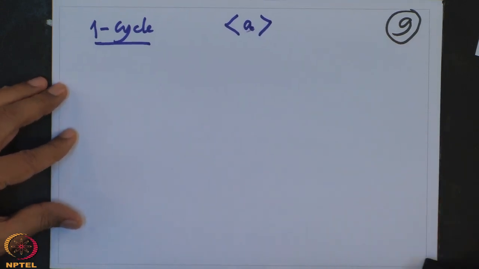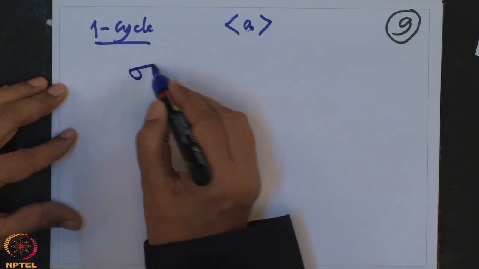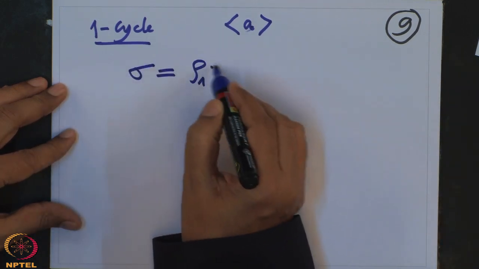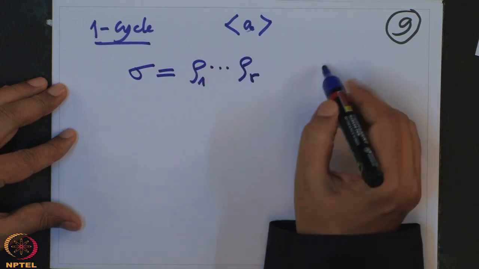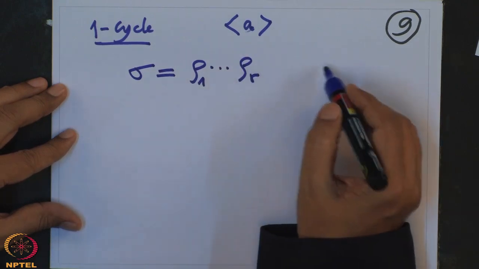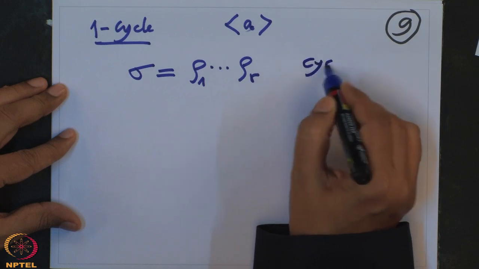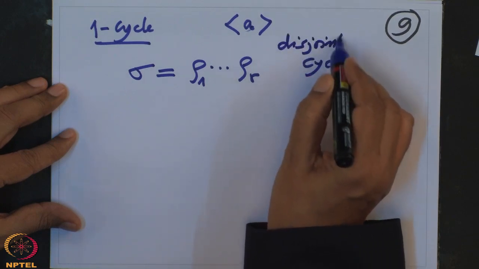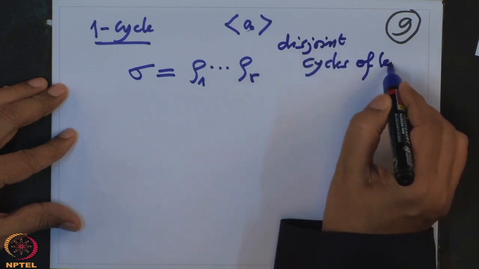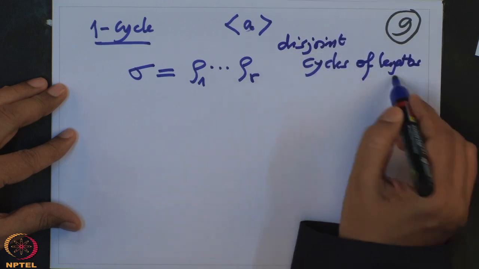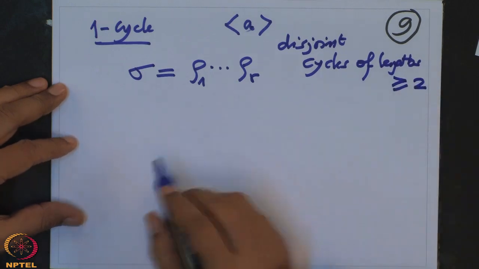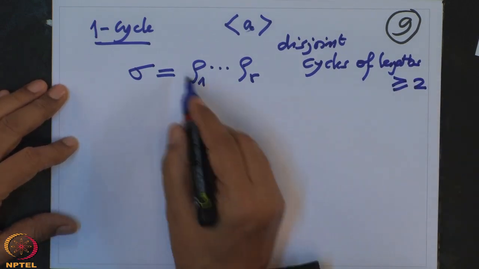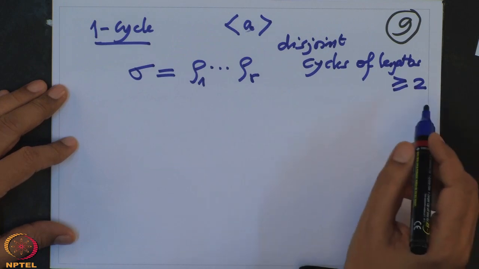So when we do this calculation, we might as well assume that sigma is rho 1 to rho r, and they are cycles, disjoint of course, of length bigger than or equal to 2, because the others are not playing any role here. Those are precisely the fixed points.